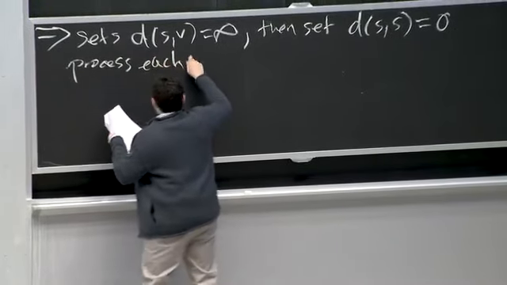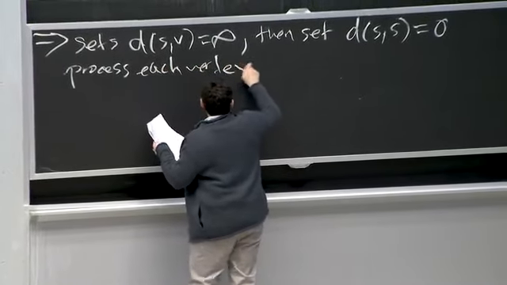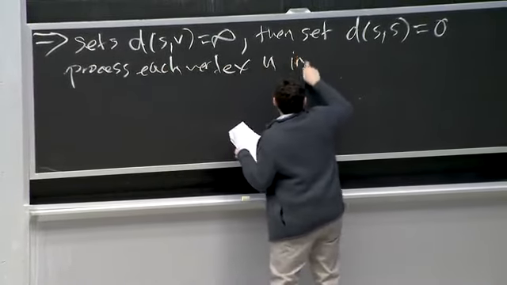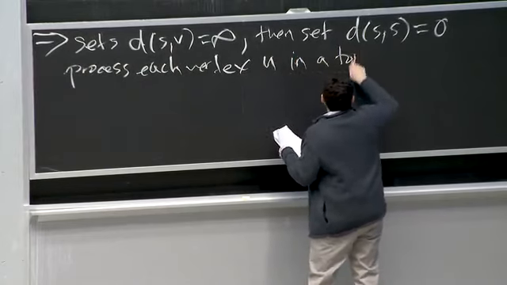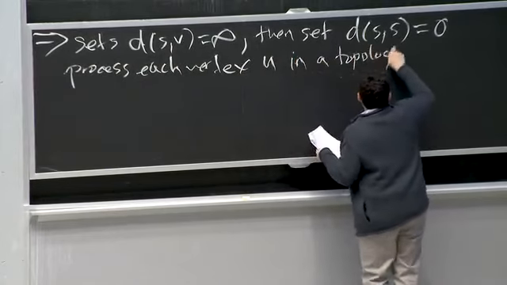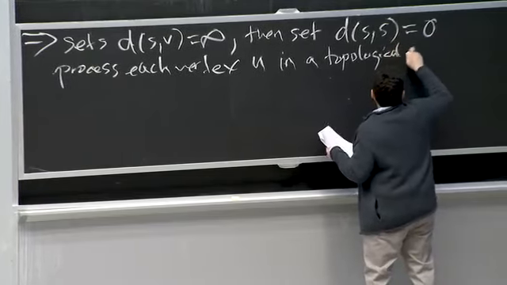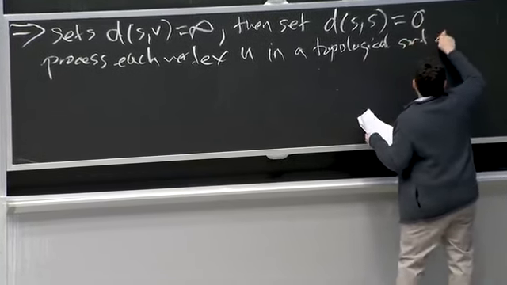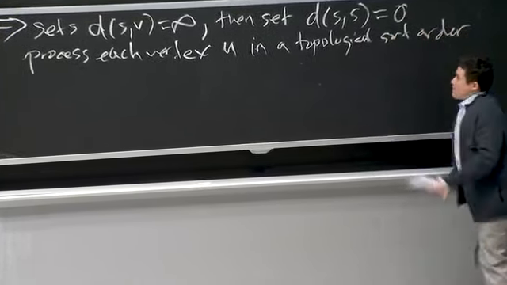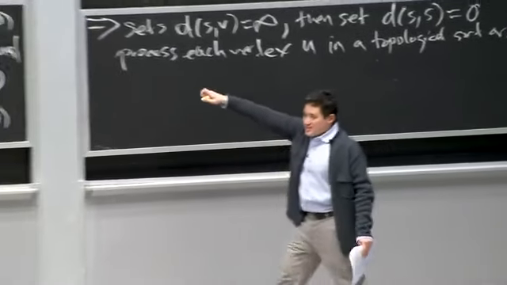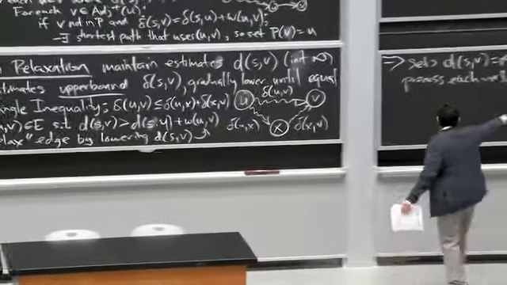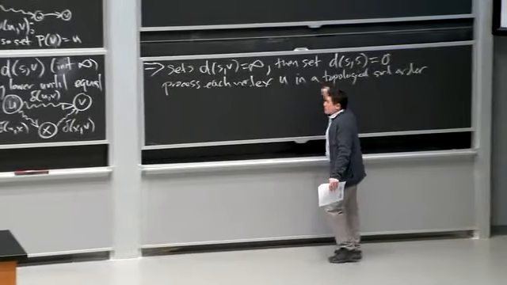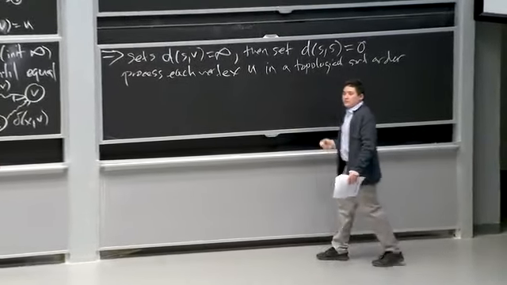Okay? Now we're going to process each vertex U in a topological sort order. So remember, our input to DAG relaxation is a DAG. So this thing has a topological sort order. We're going to process these vertices in that order. Okay?